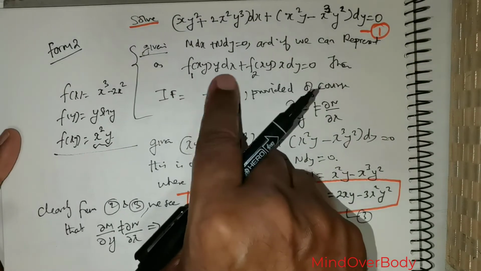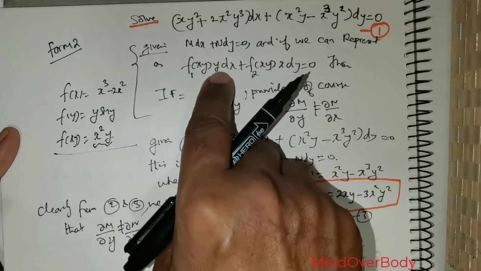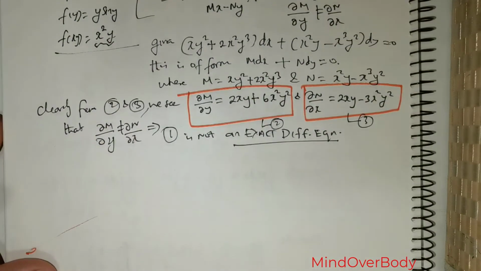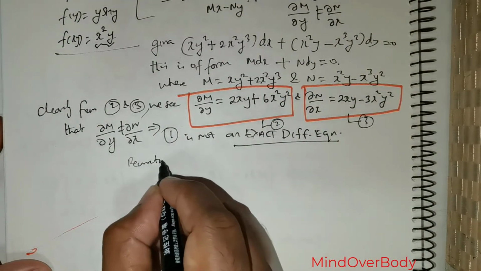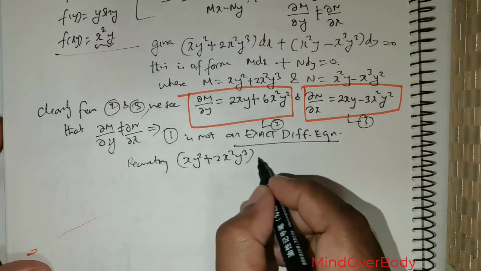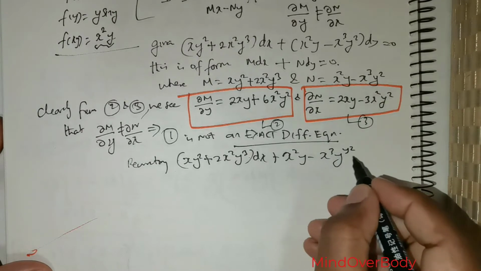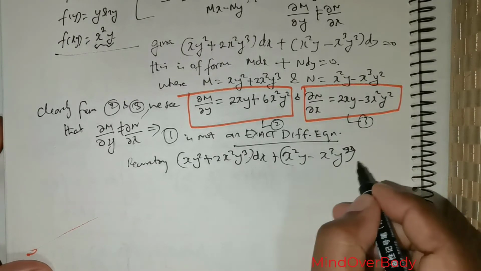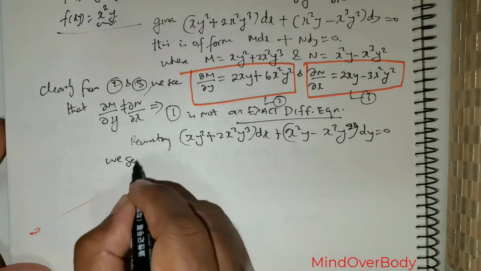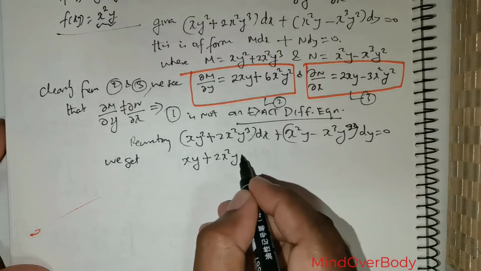I need to make sure there is a function involving xy, with a y taken out, and another function involving xy, with an x taken out. Rewriting: (xy² + 2x²y³) dx + (x²y − x³y²) dy = 0.